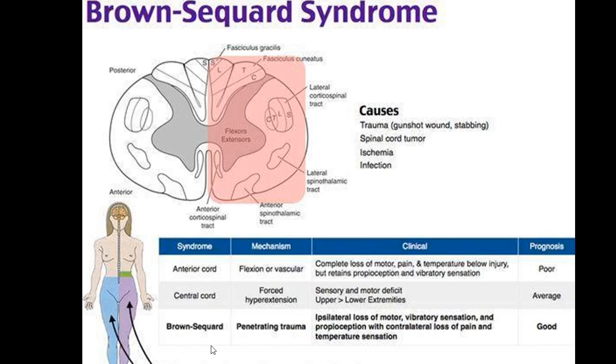The patient presents with ipsilateral loss of motor, vibration sense, and proprioception and contralateral loss of pain and temperature sensation. Here, the ipsilateral loss of motor, vibratory, and proprioception.